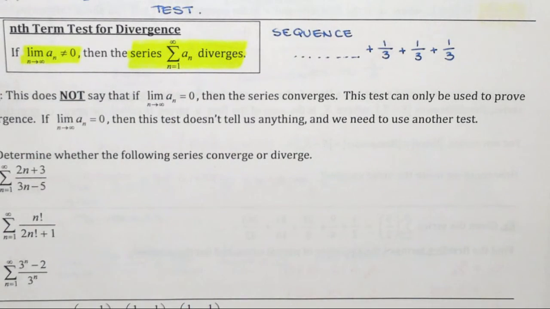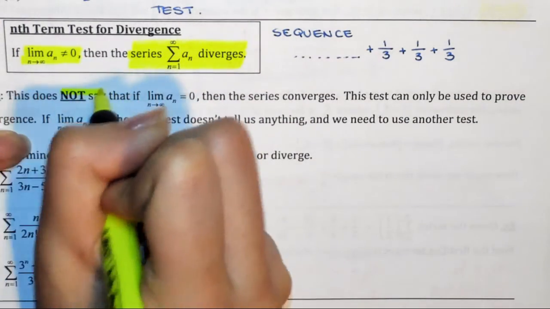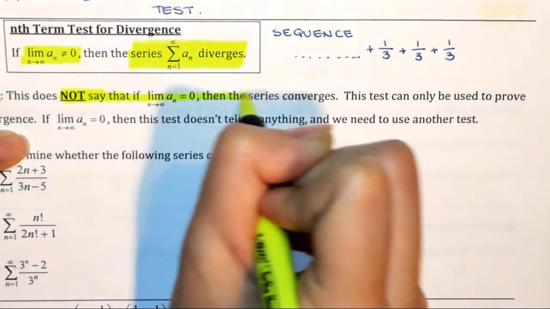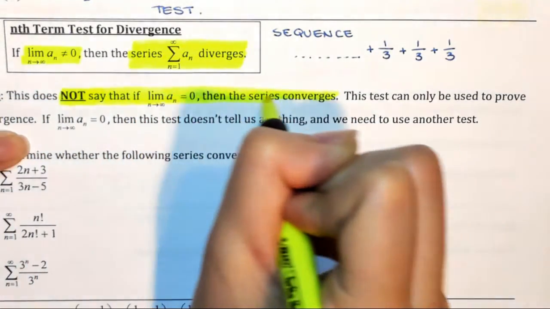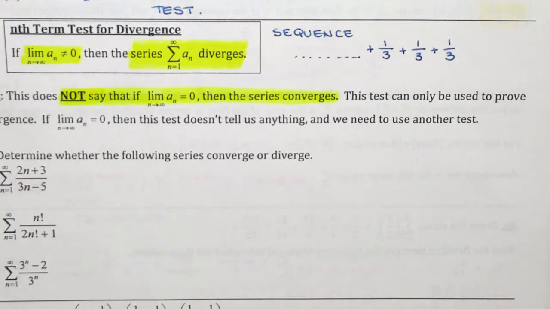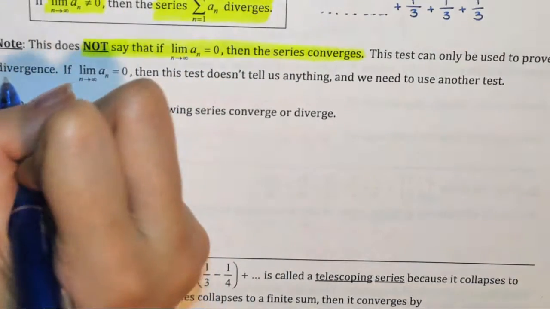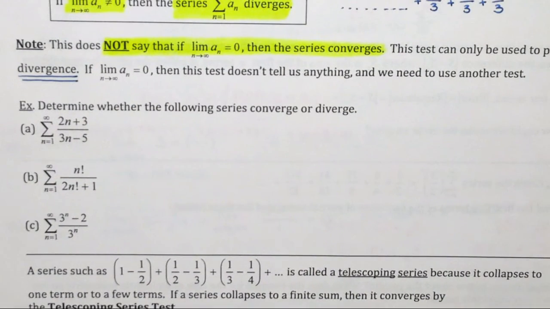Make sure though that you do not use the nth term test to prove anything about convergence. This does not say that if the limit of the sequence goes to 0, then the series converges. This test can only be used to prove divergence. So you can only use this test when you're proving divergence.